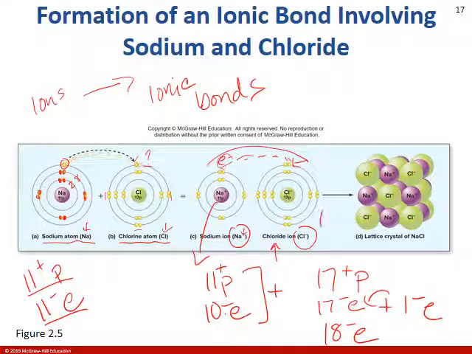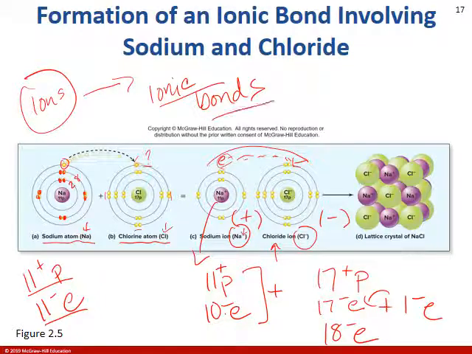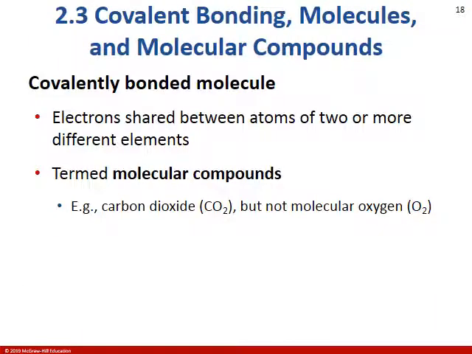So this one is overall negative. This one is overall positive. So this is how ions work, and this creates an ionic bond. They are locked into an interaction with each other, and we call that an ionic bond.